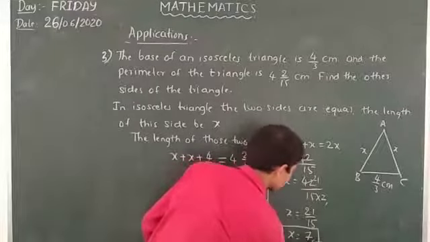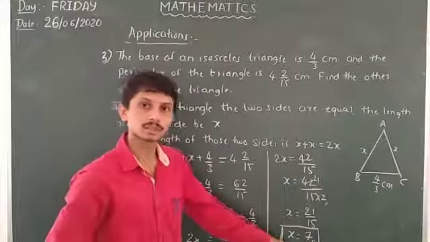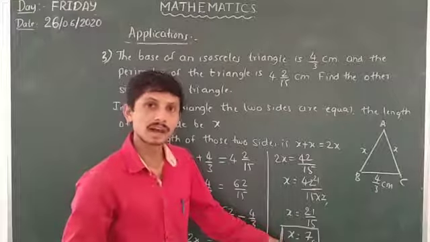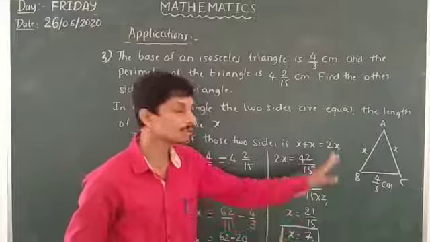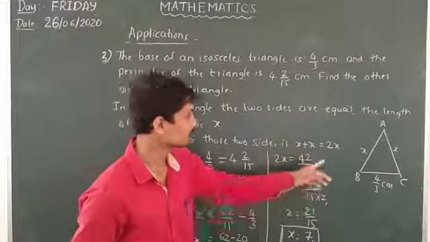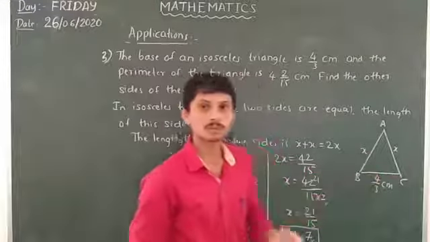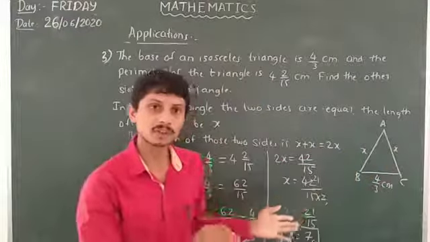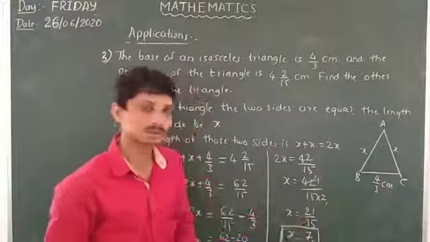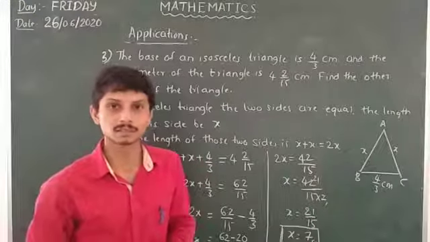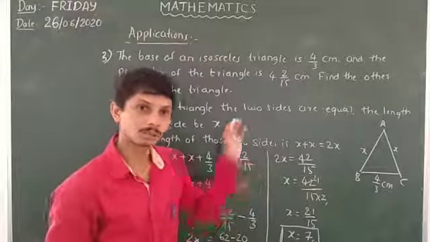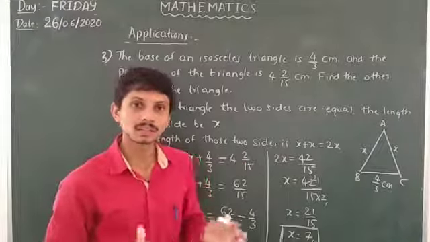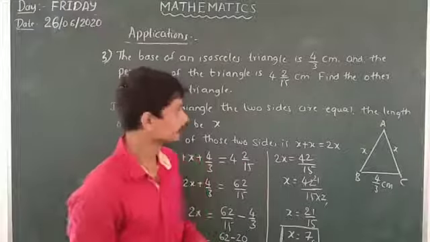That means the other two sides have the length of 7 by 5 centimeter. I hope you understood this problem. So let us go to the next problem.